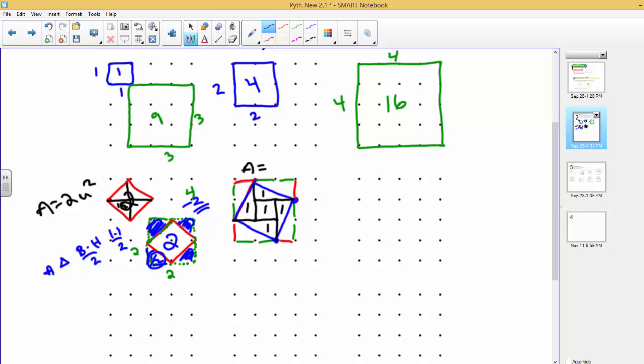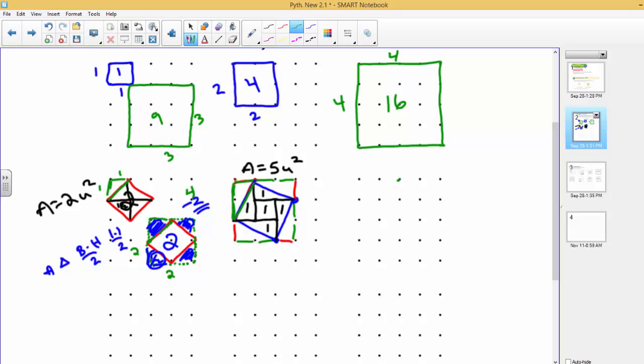So this area is 5 units squared. So this square's side length resulted from a 1 by 2.